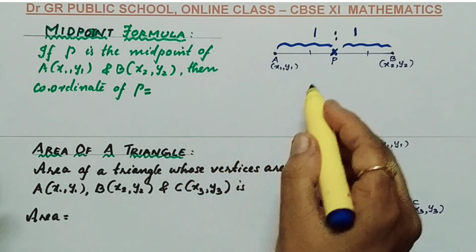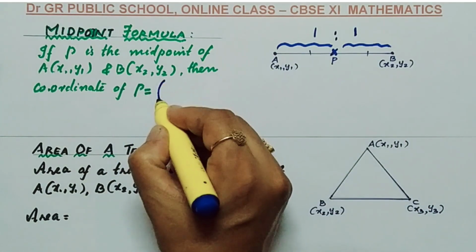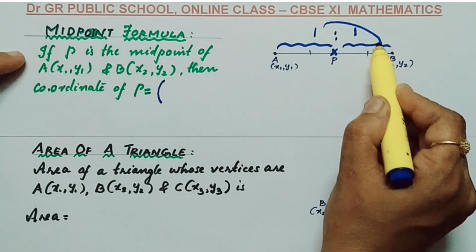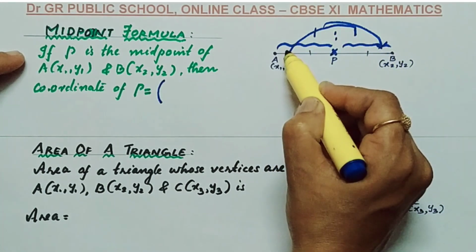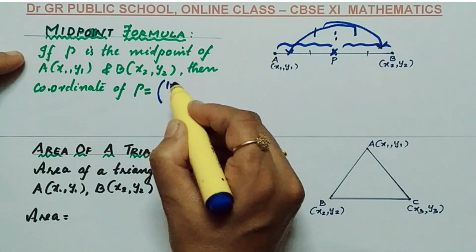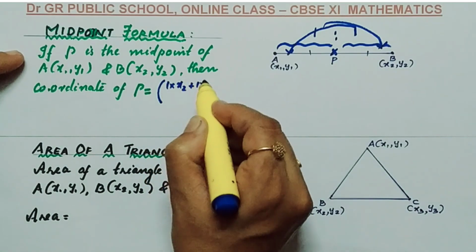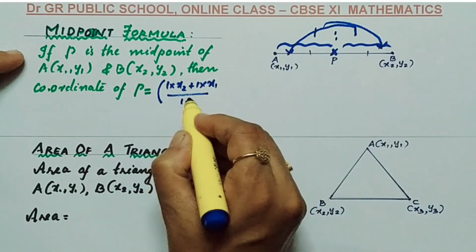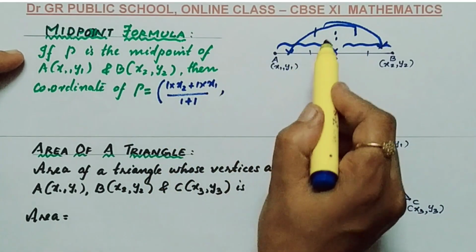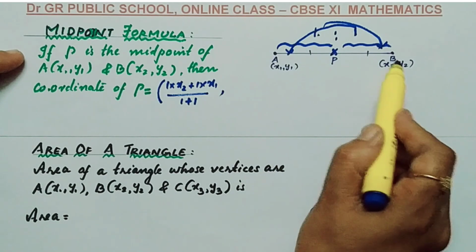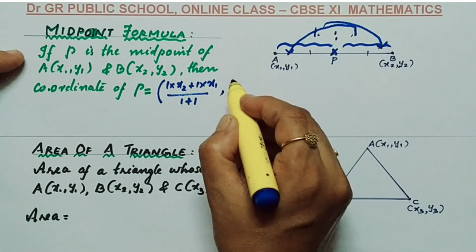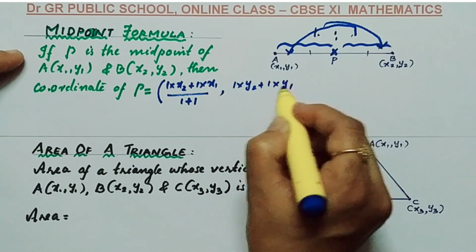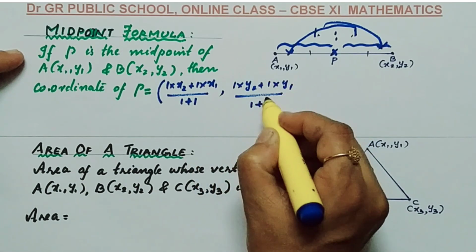Applying the section formula, the coordinate of the point P is 1 into x2 plus 1 into x1 divided by 1 plus 1. The same way, 1 into y2 plus 1 into y1 divided by 1 plus 1.